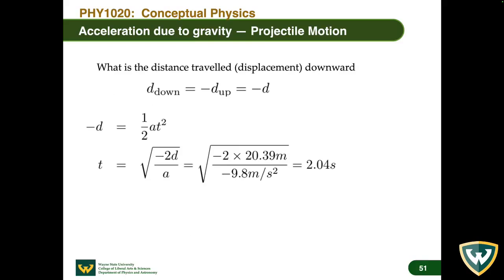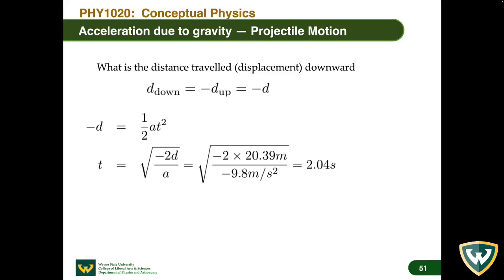The distance traveled down is equal to the distance traveled up, right? Going distance down is minus the distance up. But on the way down, you start from rest. And so the distance down is 1/2 a t squared. A is minus 9.8. The minus cancel, and I can now solve.